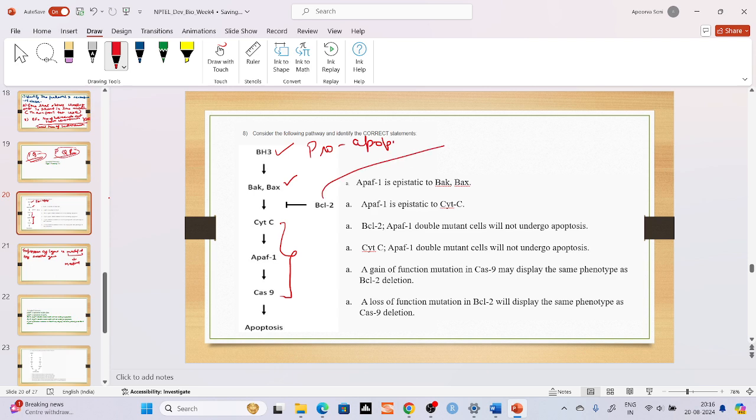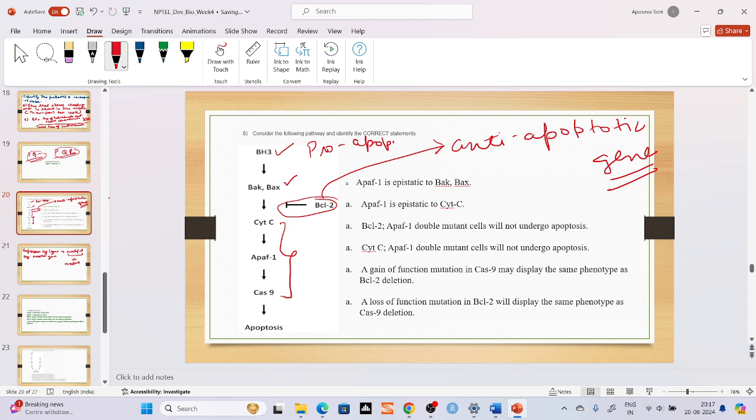That means when BCL2 comes, it stops the apoptosis process.